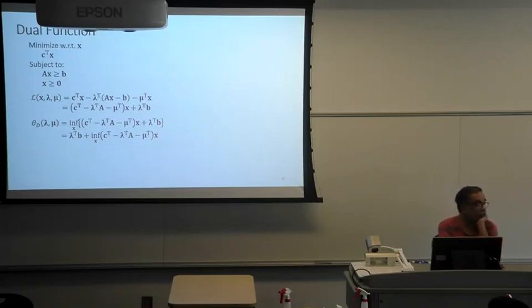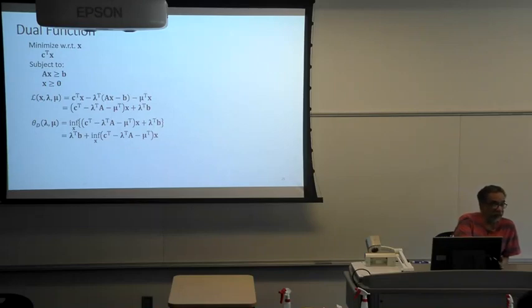What will this infimum be? You see all these transposes, so this is a row vector and x. What's the infimum? x is unrestricted now. We don't care. You can make this infimum negative infinity, right? Agreed? Except when this vector is all zeros.